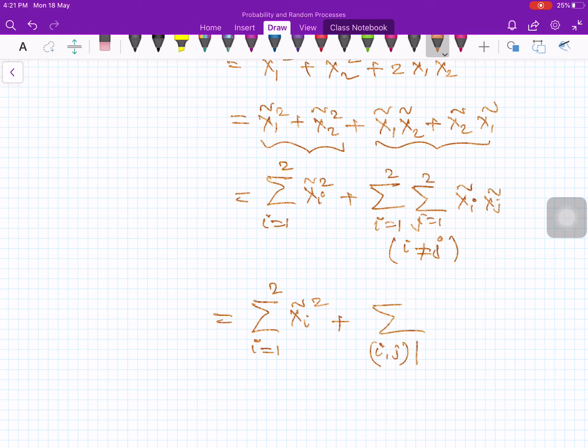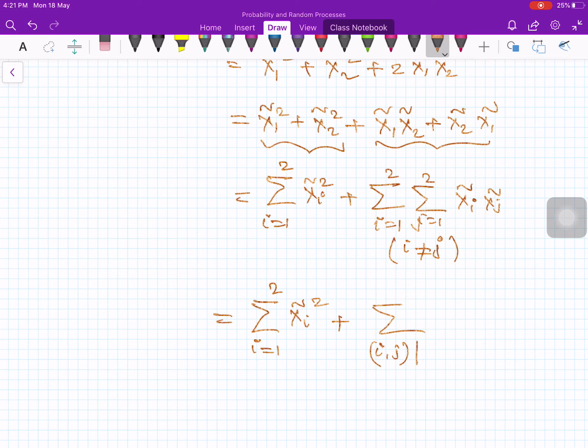Okay, so after expanding the quadratic, we will get a bunch of square terms. How many square terms are there? n square terms are there, where this i ranges from 1 to n, and then we'll have a bunch of cross terms.